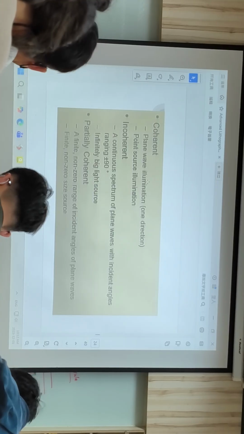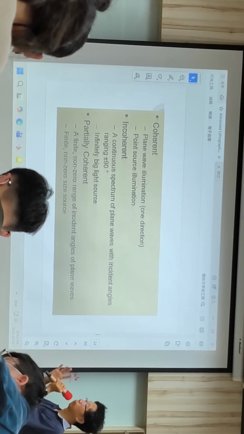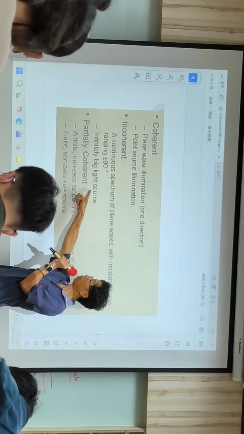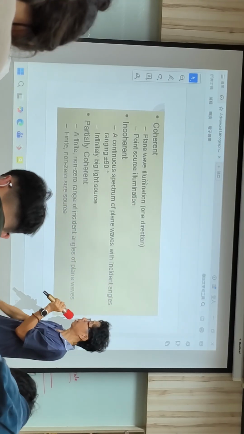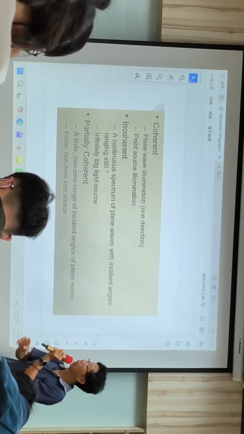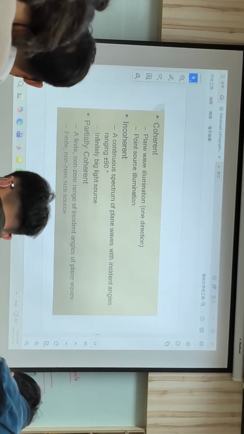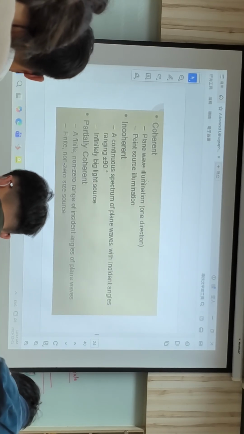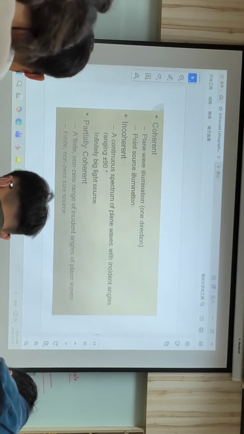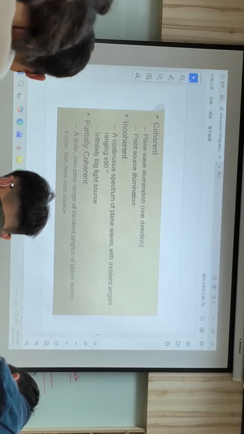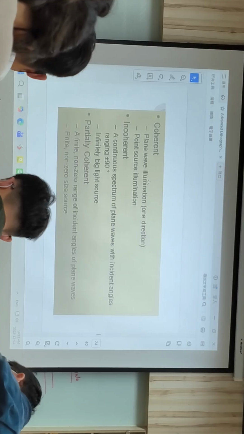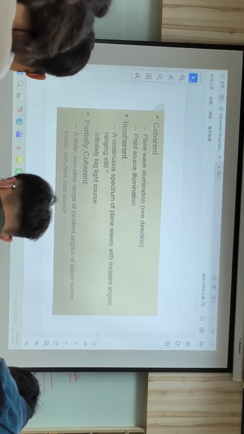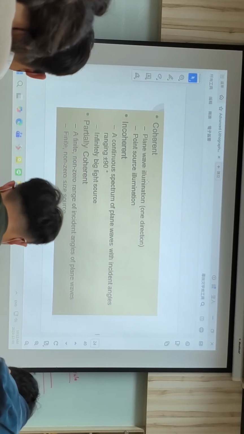However, incoherent, we don't use it either. Incoherent basically means the light source is infinitely big, which is not very practical. Basically, you have a light source much bigger than your objective lens, and the incident angle is from all angles, positive, negative, all directions.